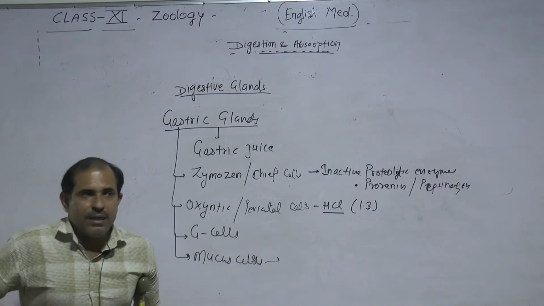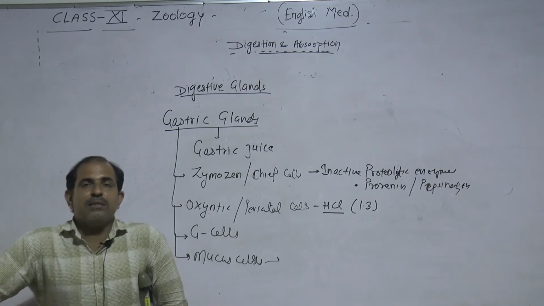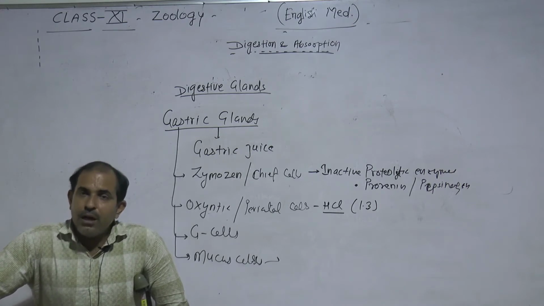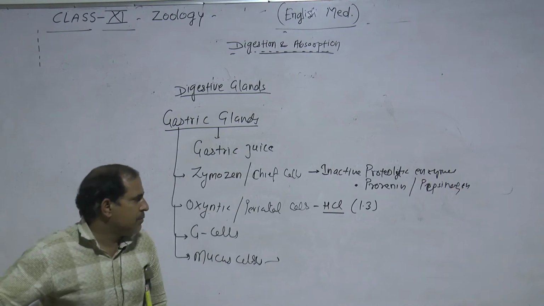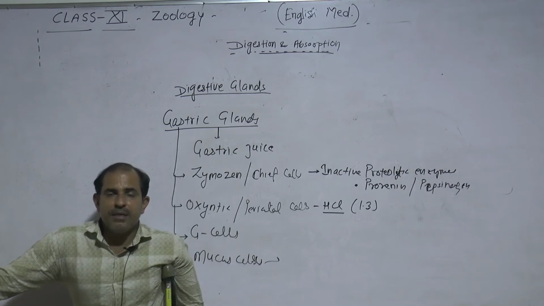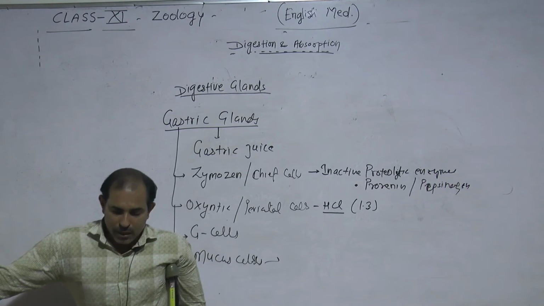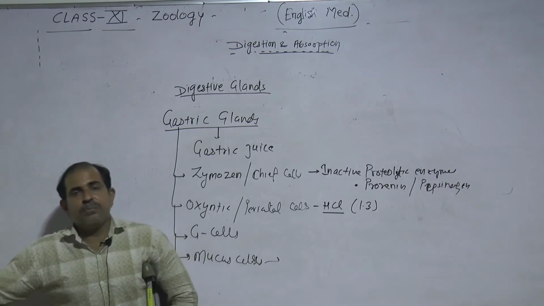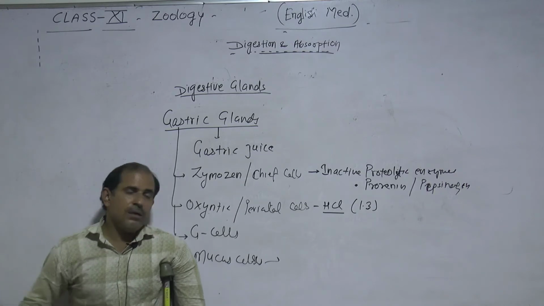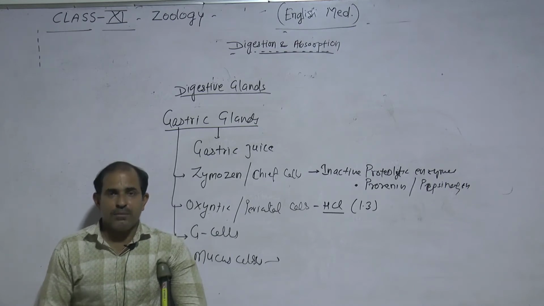And another function of HCl is to kill the bacteria and microbes that enter the stomach with the food. And the third one is that it provides an acidic medium in the stomach, because in the stomach the digestion process occurs in an acidic medium, and digestion of protein occurs in the stomach.